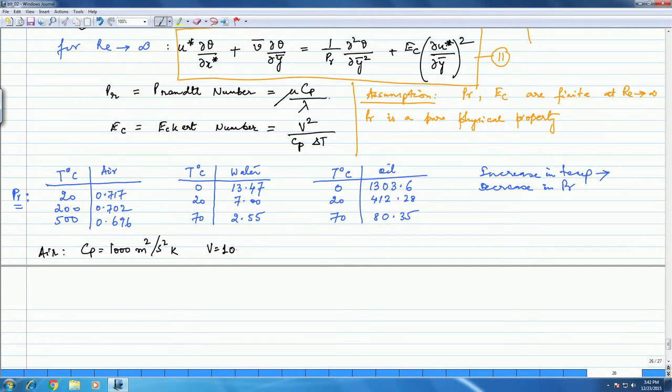V is equal to 10 meters per second. Delta T is 10 Kelvin, and Eckert number is 1 by 100 basically, right?